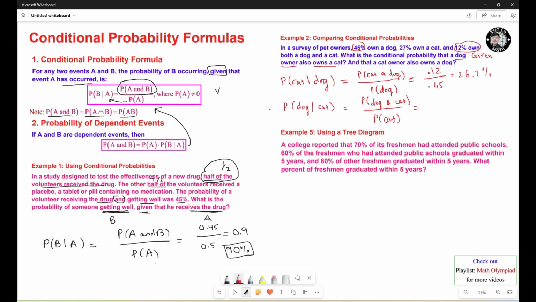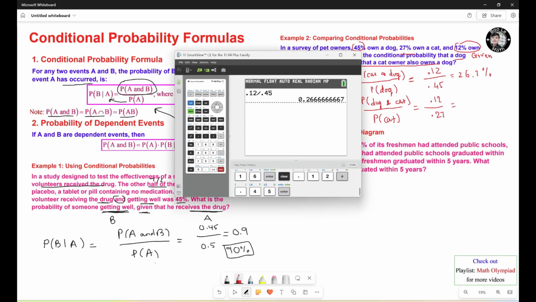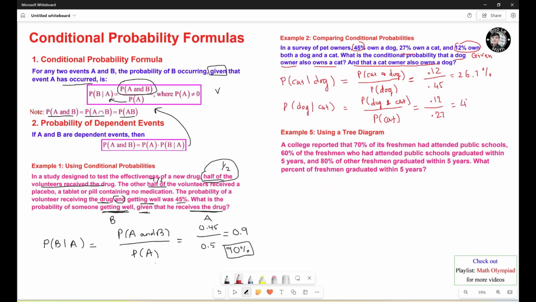So it's going to be 0.12 over 0.27. 0.12 divided by 0.27 is 44.4%.